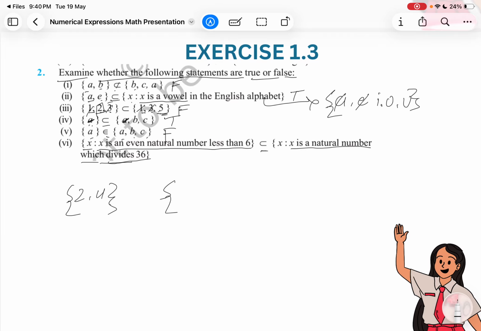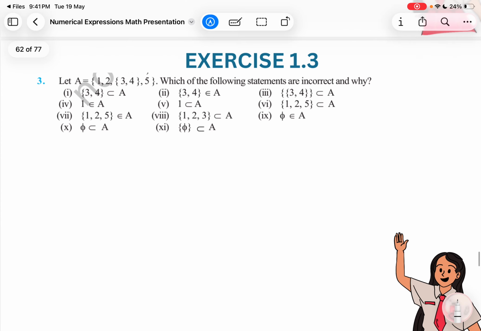So 36 can be divided by 1, 2, 3, 4, 6. Okay, so 2 and 4 are here, so this is also true, right? Let's see the next question.